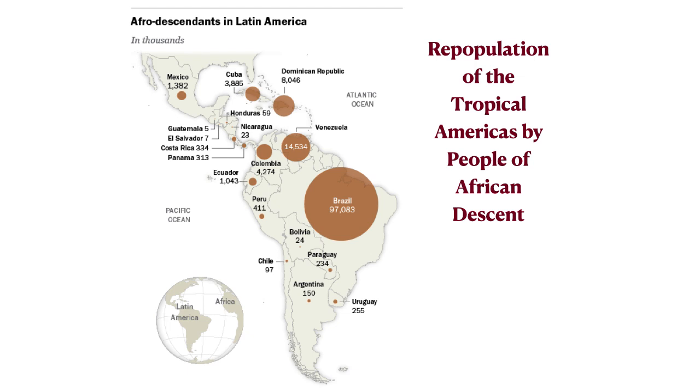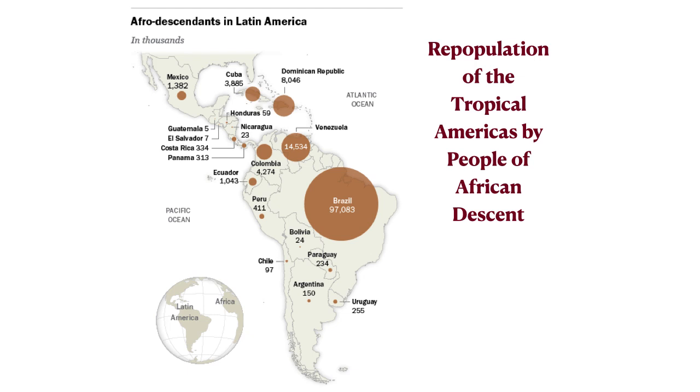So anyway, if you look at people in the Americas of African descent, you can see 97 million in Brazil. Now, most of those people are of mixed descent, partly African, partly European, partly indigenous, but a very substantial African imprint on the genetics of the population of Brazil. And not just Brazil, you can see Venezuela, Colombia, throughout the Caribbean.